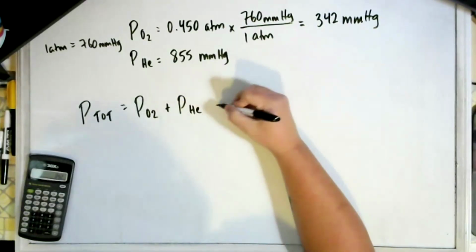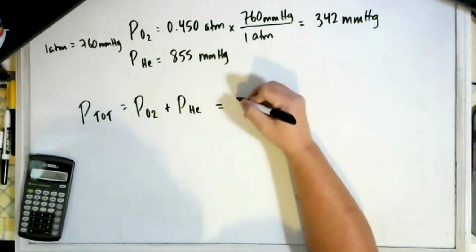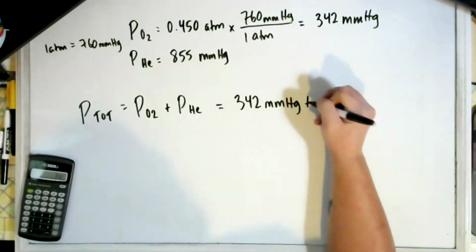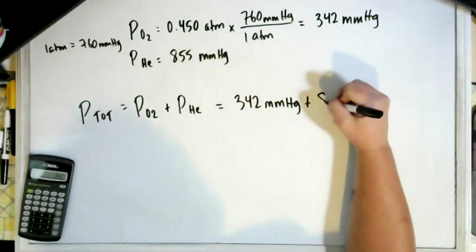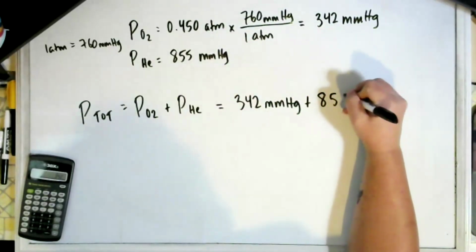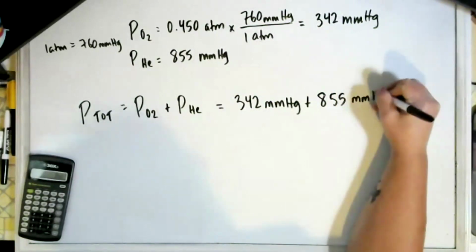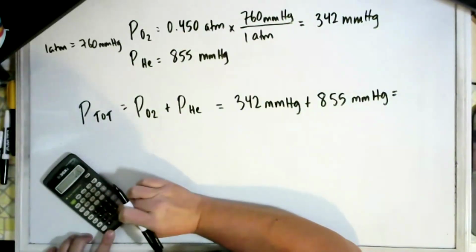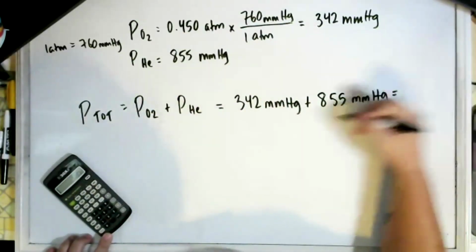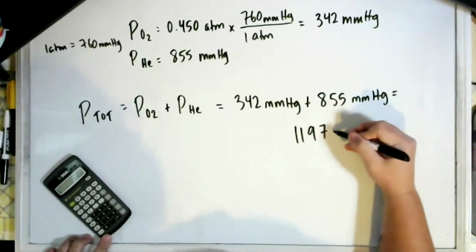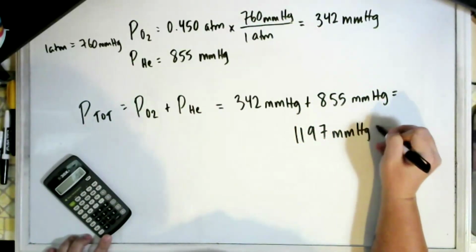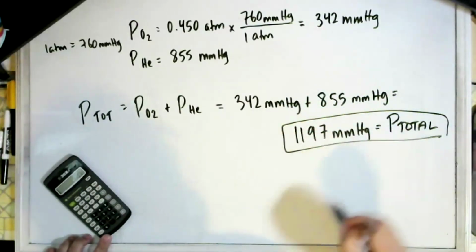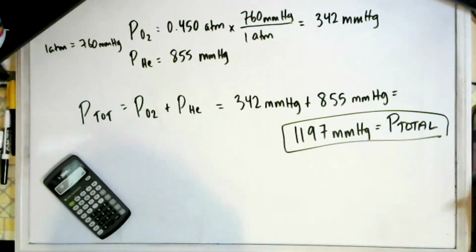So now when we go to find the total pressure, it's going to be the pressure of oxygen plus the pressure of helium. And that's going to be the total pressure in our tank.